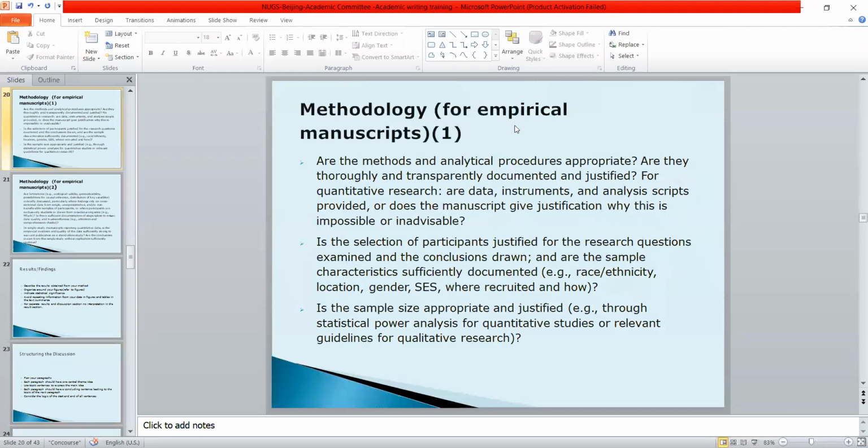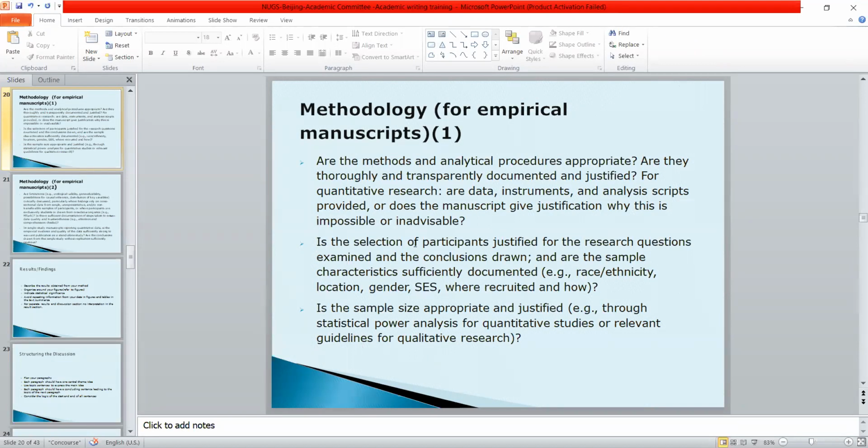Now, when you are writing an empirical research, what does the word empirical mean? Can someone help us? Can we have any idea? Hello?